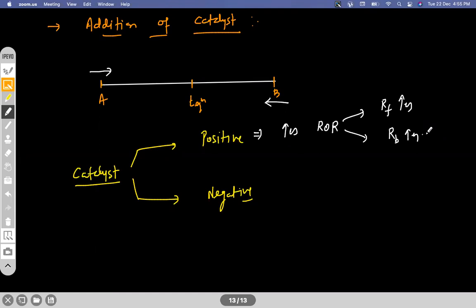So that's why A proceeds with a faster rate, B proceeds with a faster rate, and achieve the equilibrium state sooner. Negative catalyst decreases the rate of reaction. That is the only difference. Rate of forward reaction decreases, rate of backward reaction also decreases. So it takes more time to achieve the equilibrium state.